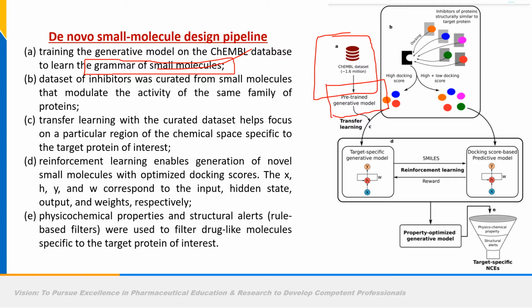Now you will transfer this learning, in the sense you will expose the same model to a limited set of drug molecules of interest, and then you will again go for reinforcement learning to give reward and to give penalty, and this reward and penalty optimization will force your deep learning model to generate only drug-like molecules having some physicochemical properties like drugs.